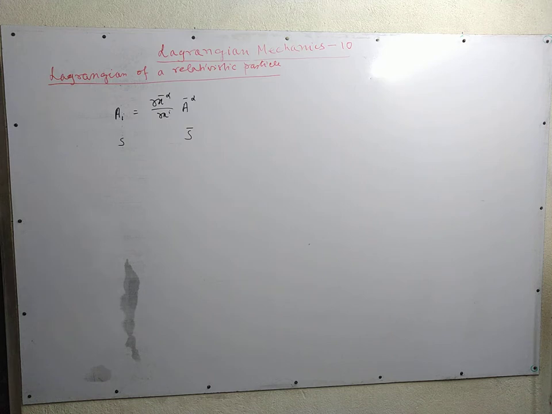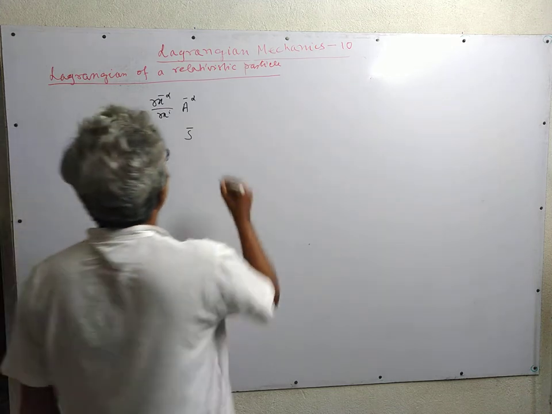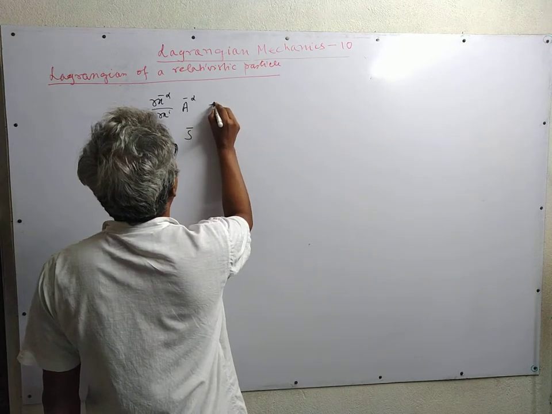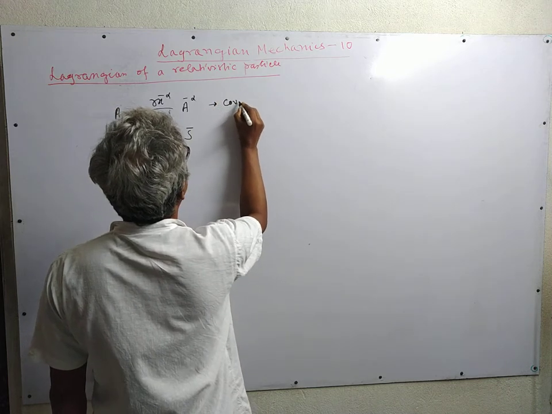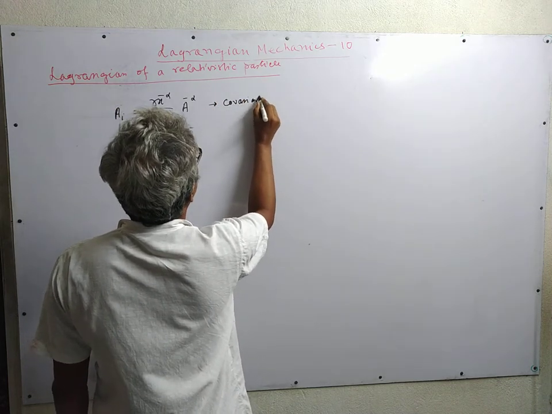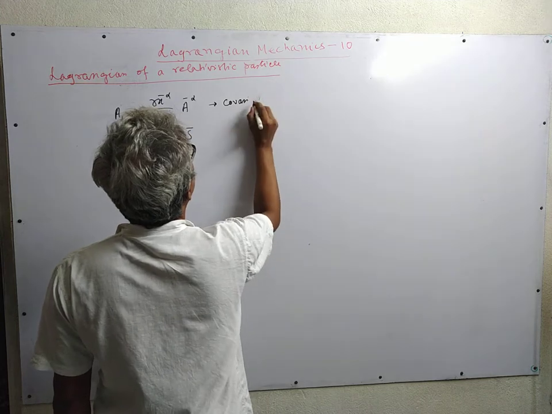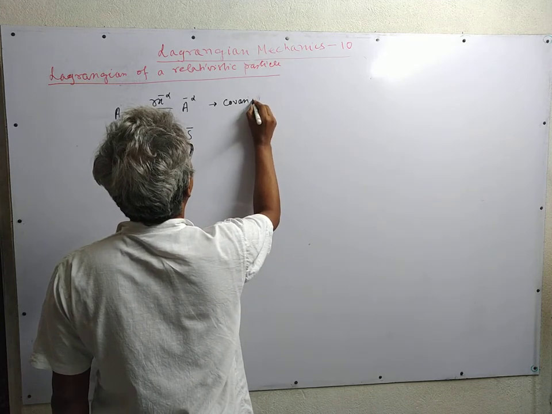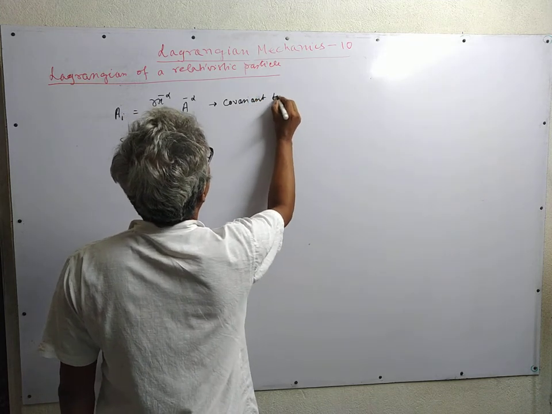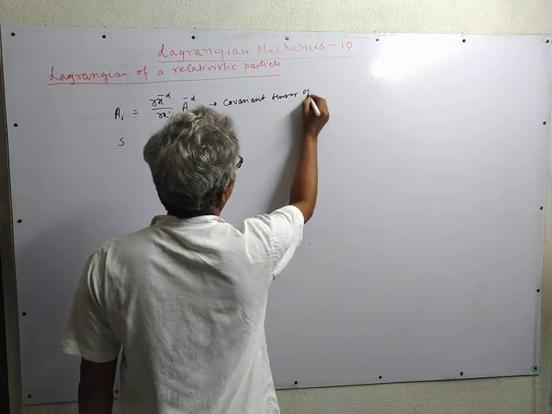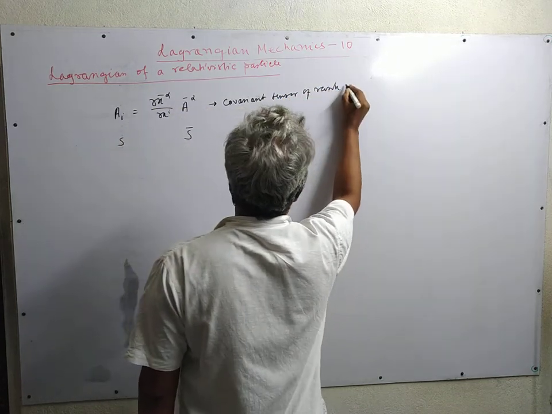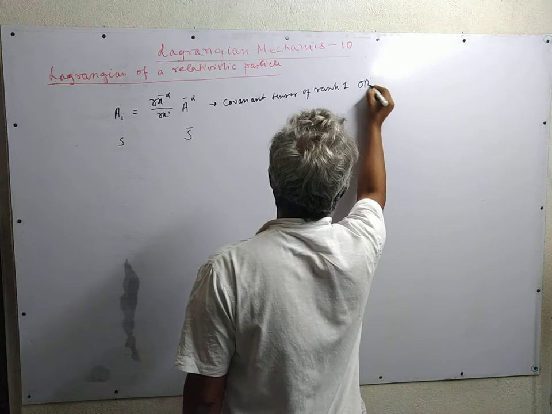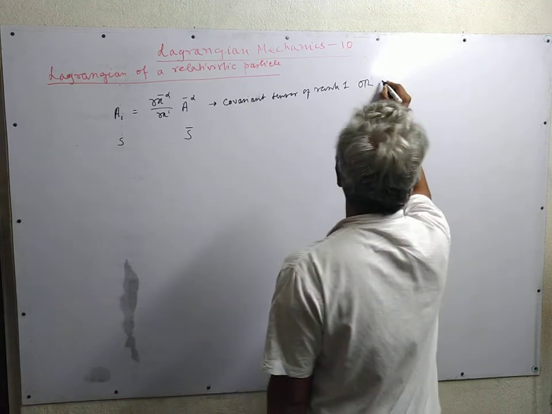If the relation between the components of the quantity A is of this form, then it is called a covariant tensor of rank 1, or a covariant vector.